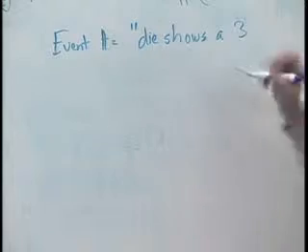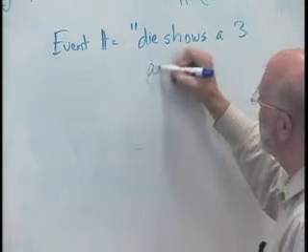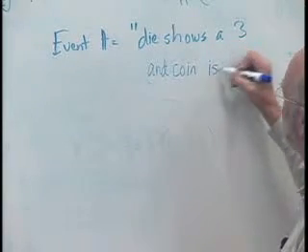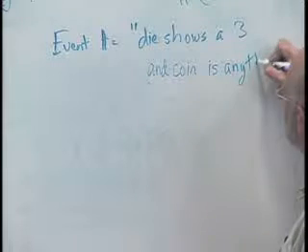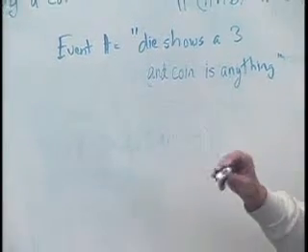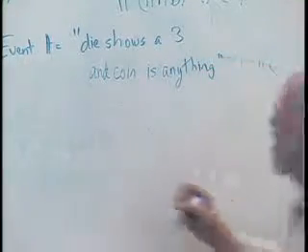So I can say the die shows a 3, and the coin is anything. And that's an event in the event space consisting of pairs of outcomes, one for the die, one for the coin. Now you got the idea.